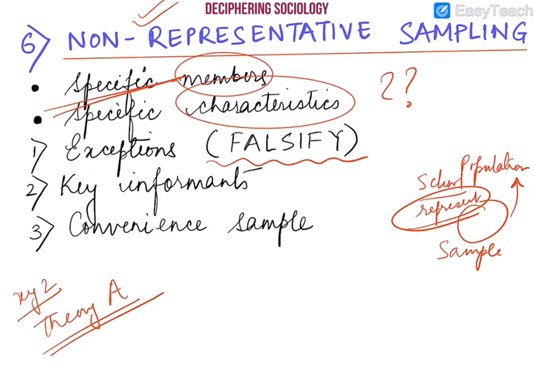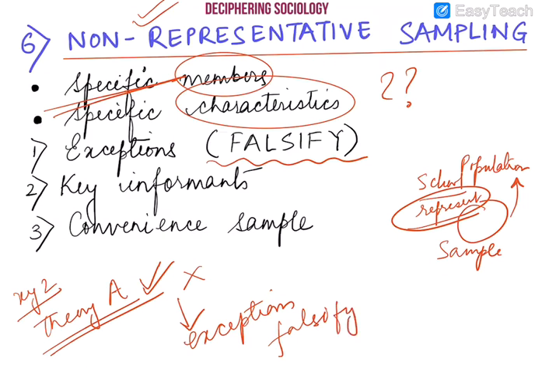I want to bring proof that no, the theory which he or she came up with is wrong. So what will I do? I will try to find certain exceptions. Why? Because I want to falsify. I want to prove to everyone that his or her theory is false, is not universal, cannot be applied everywhere. So I will choose a certain sample which will have characteristics exactly opposite to those mentioned in this theory.